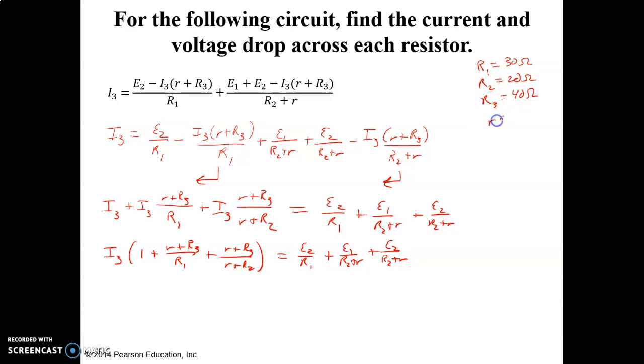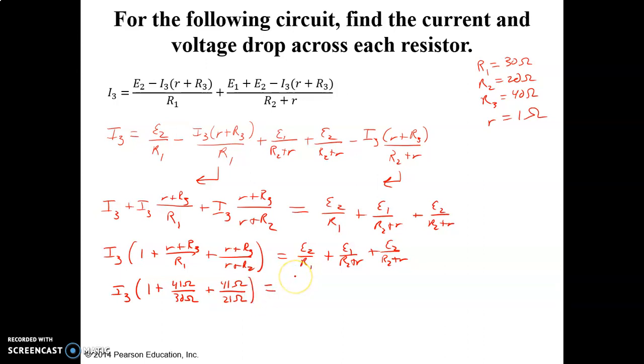And then all of your internal resistances are just 1 ohm. In which case that would be I3 of 1 plus R3 plus R. R3 is 40, so that would be 41 ohms divided by R1, which is 30 ohms, plus R3 plus R would be 41 ohms, divided by R plus R2 would be 21 ohms.